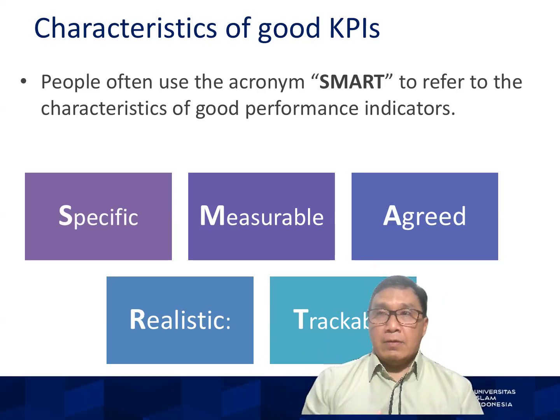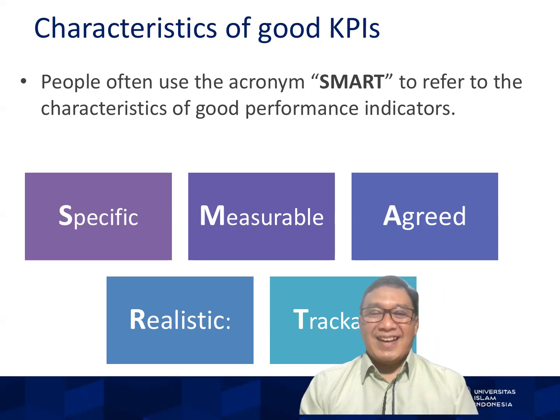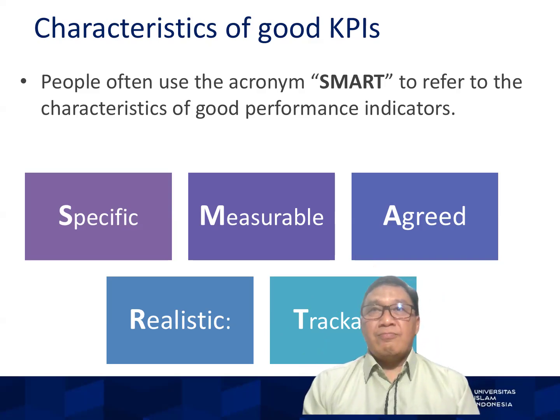So if it's top down, maybe the lower level of management will not agree with the KPI. They have no choice. They have to agree. Agreed here means that everybody understands what they need to achieve. If they don't agree, they can have another choice, not to work in that position.